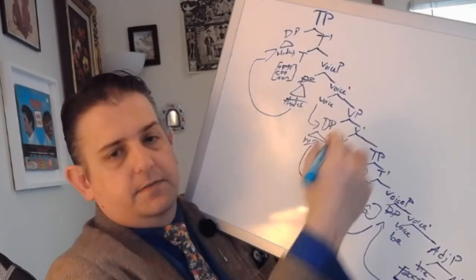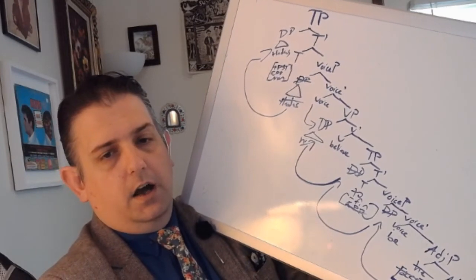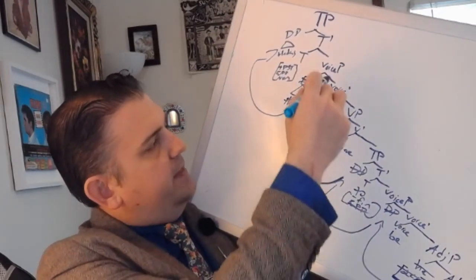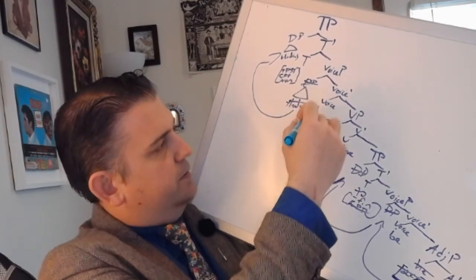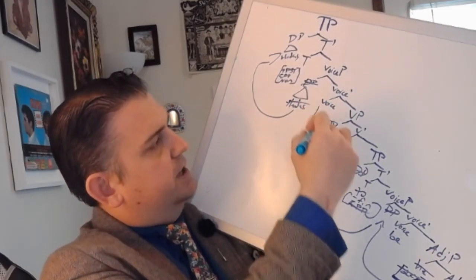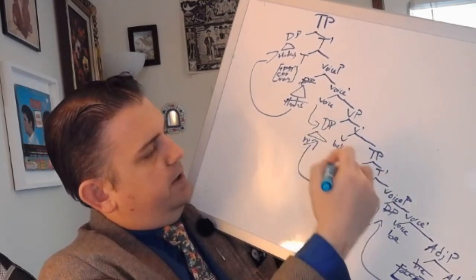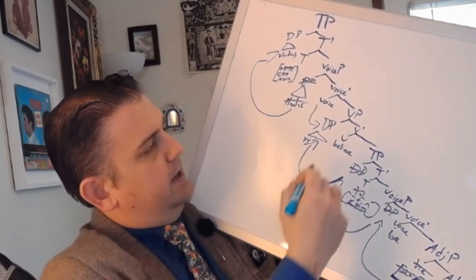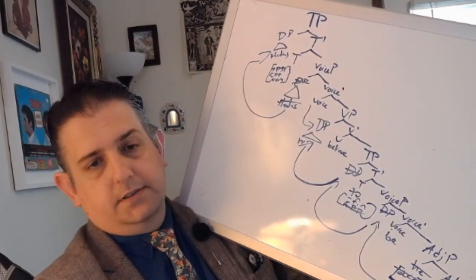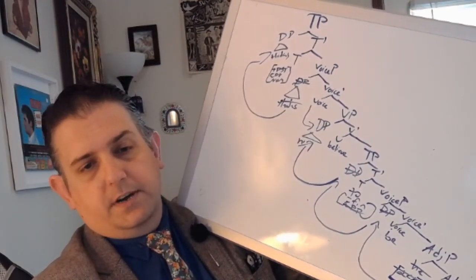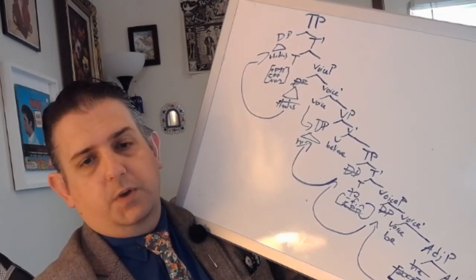Voice has that accusative case that it can assign. And so he becomes him by the nature of this local relation that it has with voice. But it moves out of the embedded clause and up into the matrix clause, into the matrix object position. And that's subject to object raising, also known as exceptional case marking.